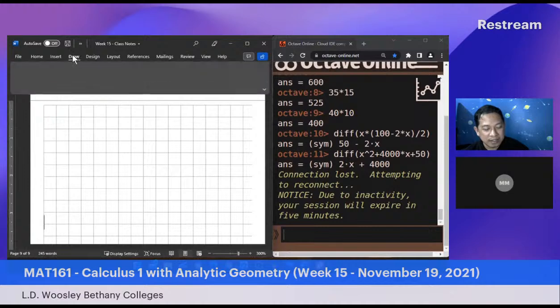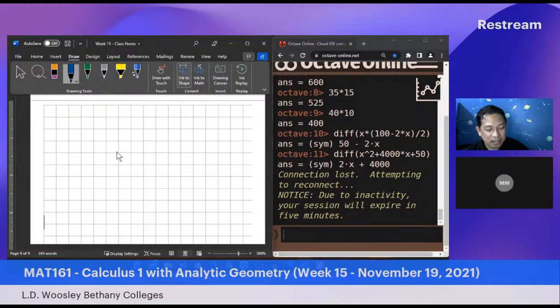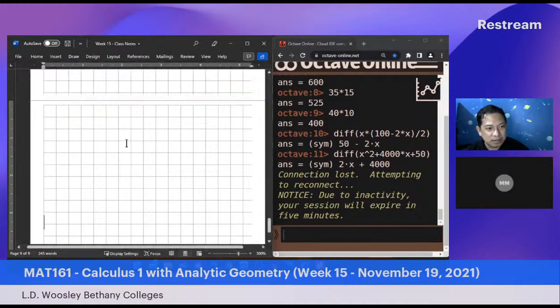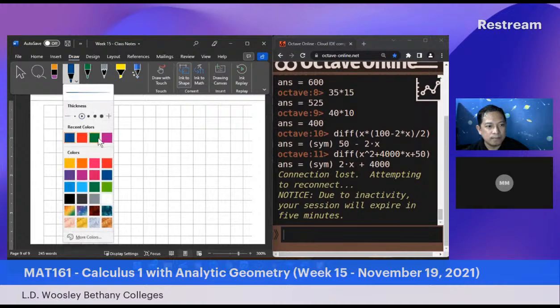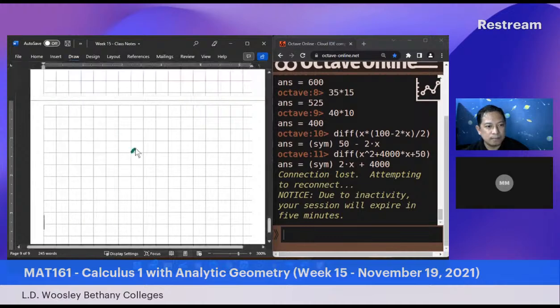Illustration, para masaya tayo. For example, the man on the bridge will walk at 5 feet per second.